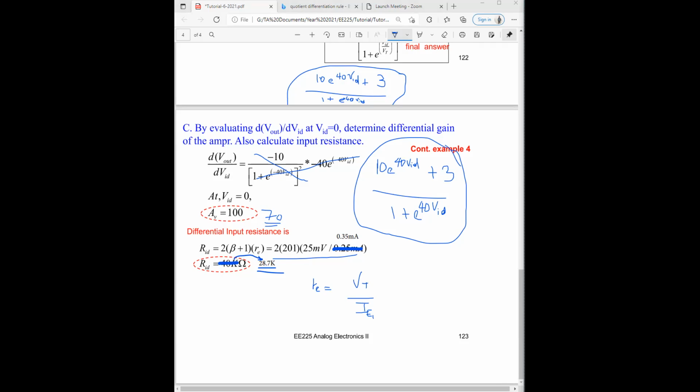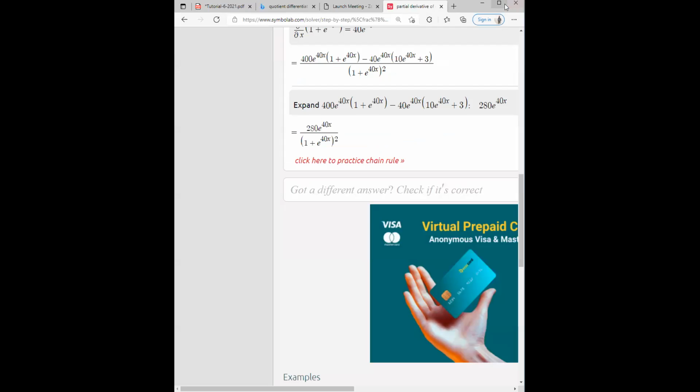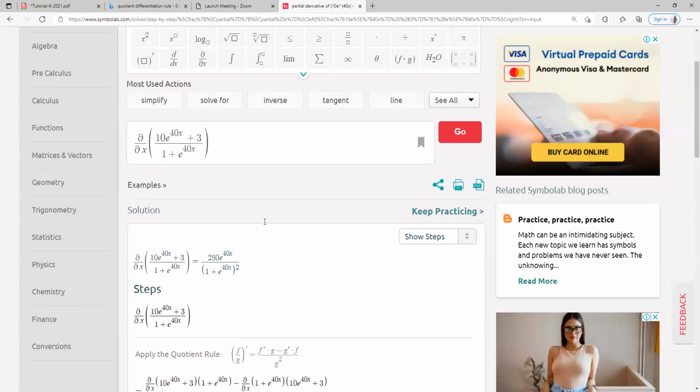Are you seeing the Symbolab screen, or are you seeing my handwriting one? The same one. So okay, you are not able to see this. You are basically seeing the slide, isn't it? The slide that I'm using for the solution. Okay, you are not able to see the Symbolab solution, right? So let me just take that back. Can you see this solution now? Simulate solution.